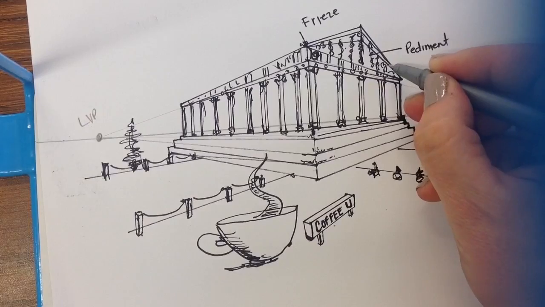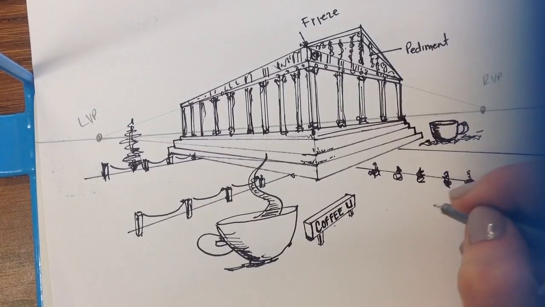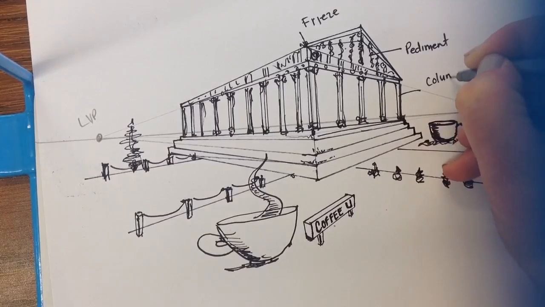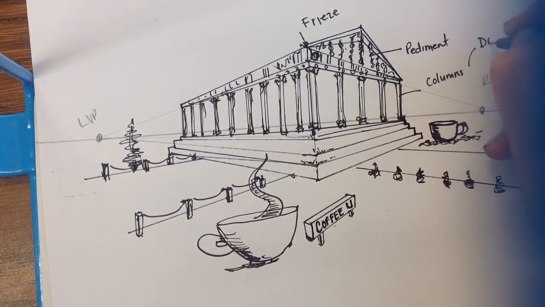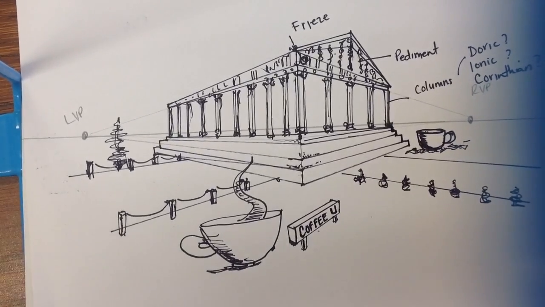Traditionally, there were sculptures of people in this area, but your pediment should be themed to your own choice of building. You need to have columns. And you need to decide if those are Doric, Ionic, or Corinthian. So which one are you going to choose to use?